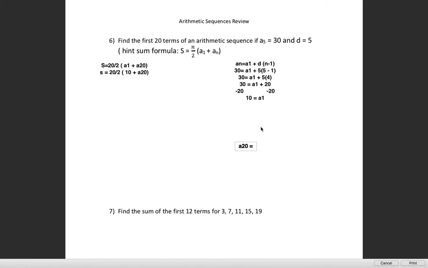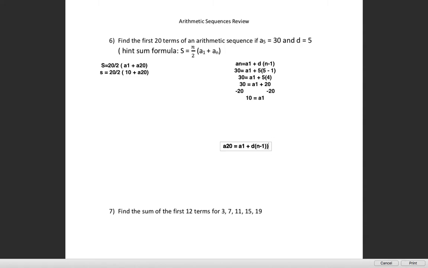We know that a20 equals a1 plus d times (n minus 1). We don't know what a20 is, so we'll leave it blank. Equals a1, which we know to be 10, plus the difference, which is 5, times (n minus 1). Remember, n and n are the same thing, so we're dealing with 20, so our n has to be 20, minus 1.